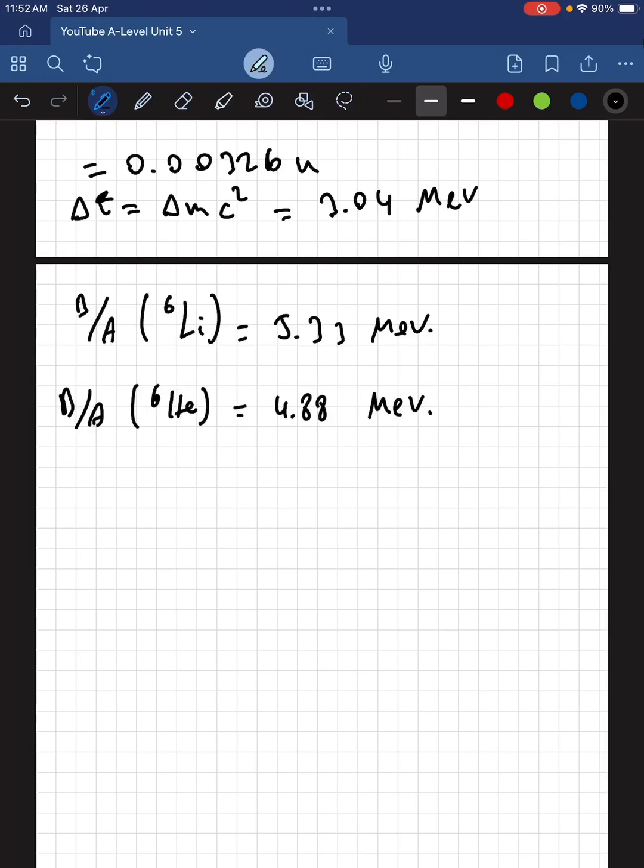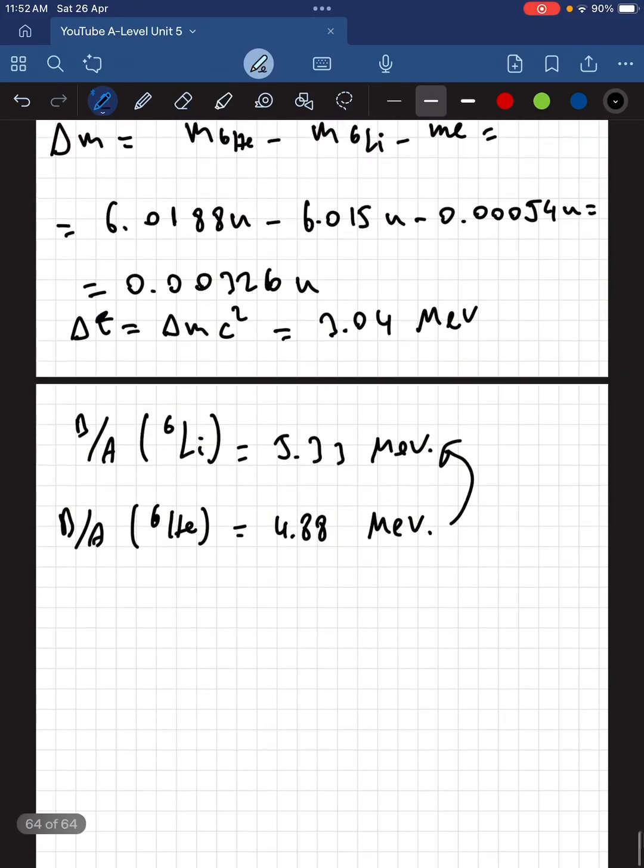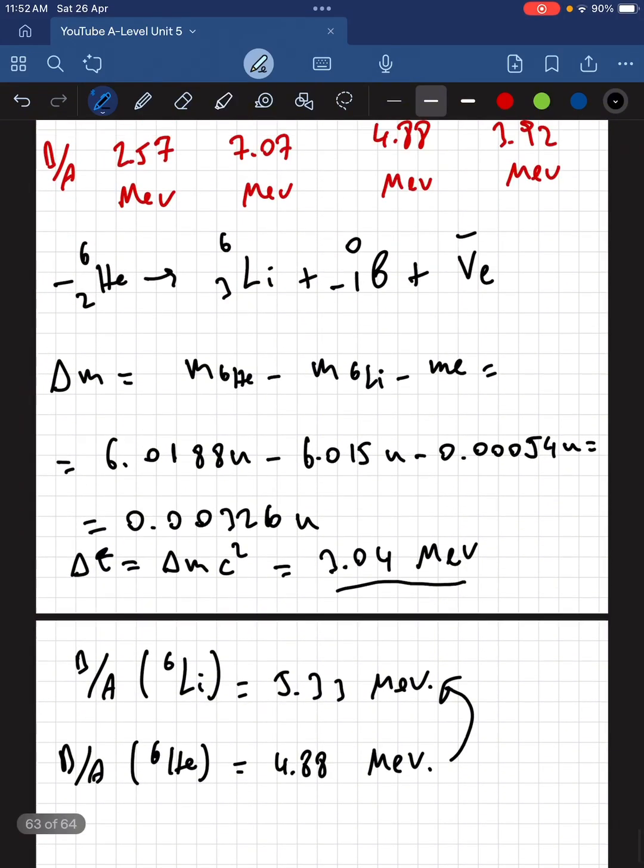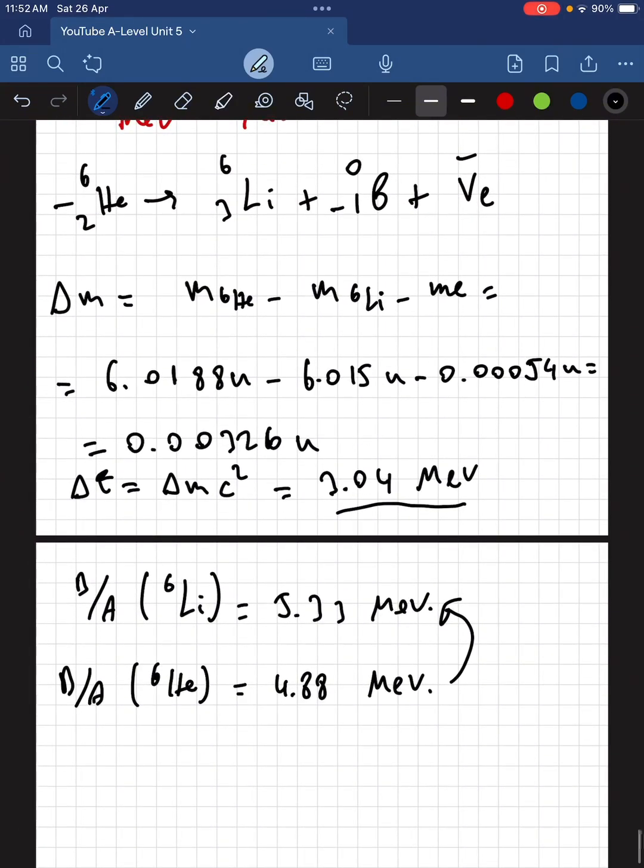So, as promised, we got something that has a higher binding energy per nucleon, and some energy is released in this beta decay. By the way, beta decay in general releases about 1 to 10 MeV from what I remember, okay? So if a calculation is asked of you and you find that in a beta decay you had something like 200 MeV, that's wrong, okay? It should be between 1 to 10 MeV.